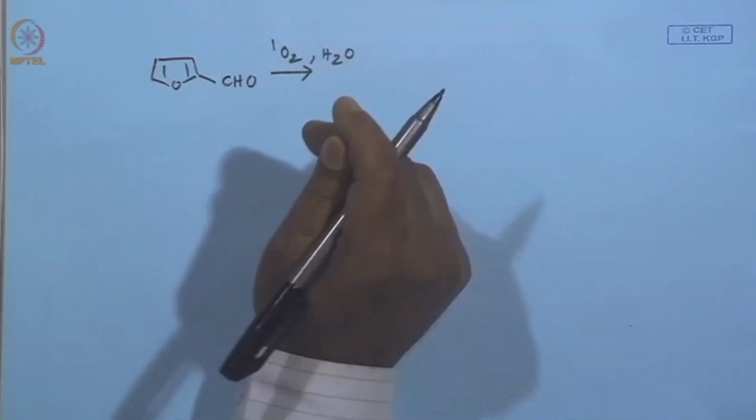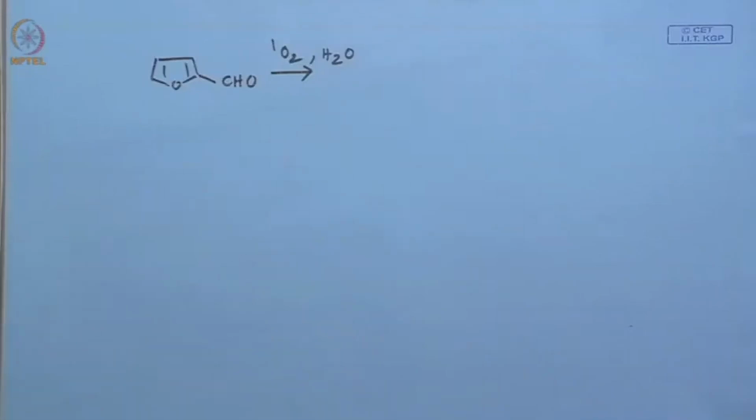So the previous example was on pyrrole, and this is an example of furan. Furan also undergoes this addition, singlet oxygen addition, okay, and try to figure out the structure of the product. So we will have quite a few more examples in the next class on oxidation reactions.